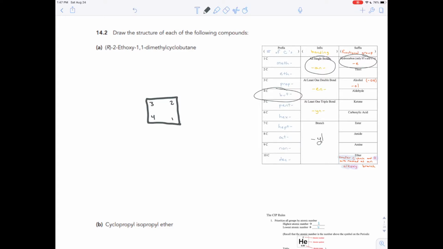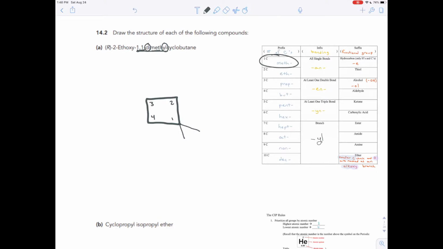All right, well, I have 2 dimethyl groups here. Meth is a prefix for just 1 carbon, so these branches are just going to have 1 carbon each, and we know they're branches because they have that YL. So that's 1 methyl group, that's a 2nd methyl group. They're both coming off of carbon number 1 because it's 1,1.